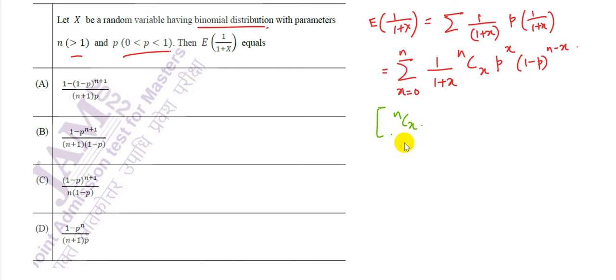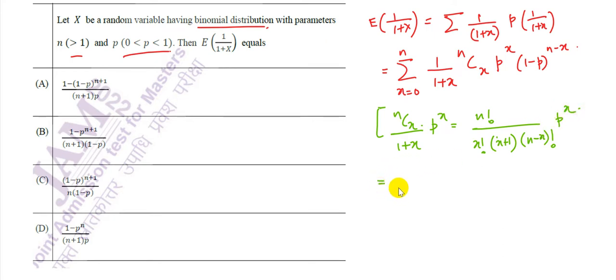nCx by 1 plus x into p to the power x can be written as factorial n by factorial x into x plus 1 into n minus x factorial into p to the power x.